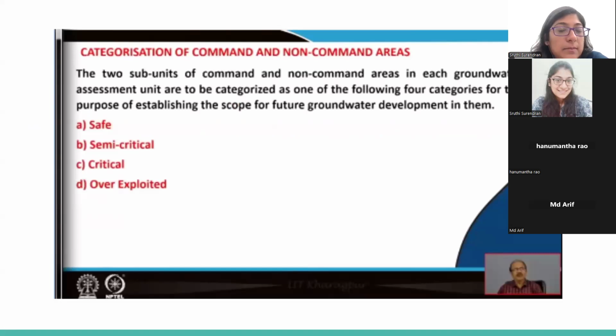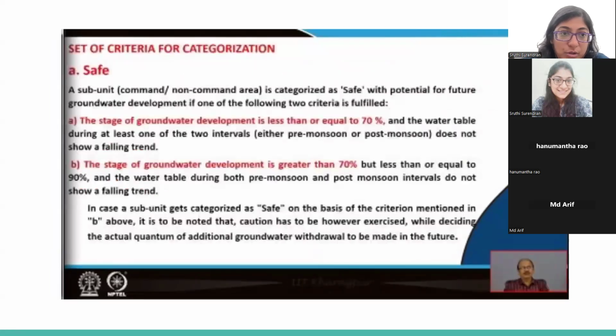Apparently, the command and non-command areas are the ones which have good quality water. Recharge is also sufficient, so they are a little more important in comparison to the other two. There are again some subcategorizations for command as well as non-command areas, and those are safe, semi-critical, critical, and overexploited. So let's just go through what all these are.